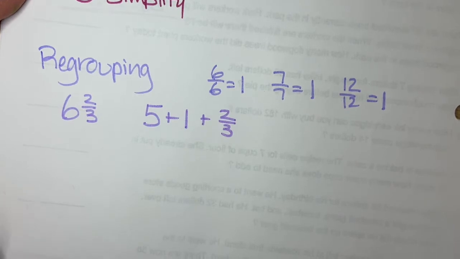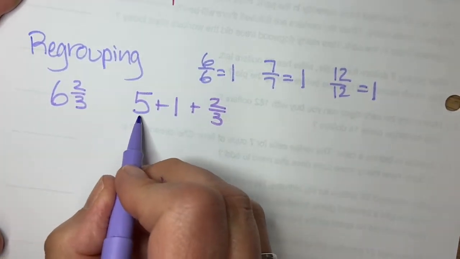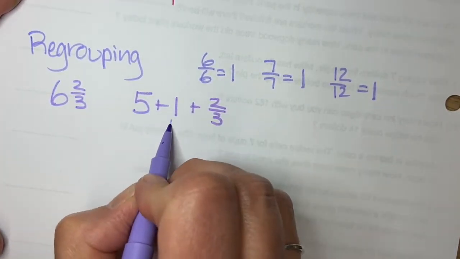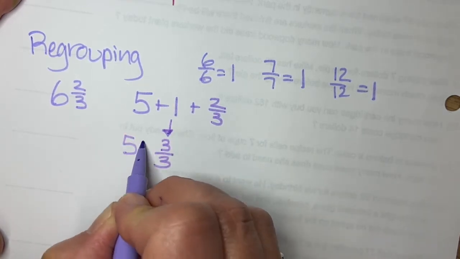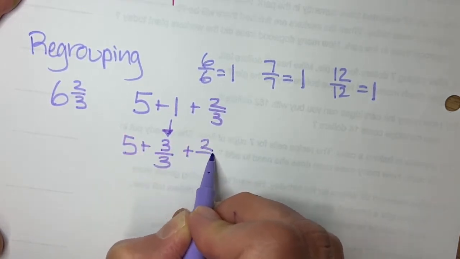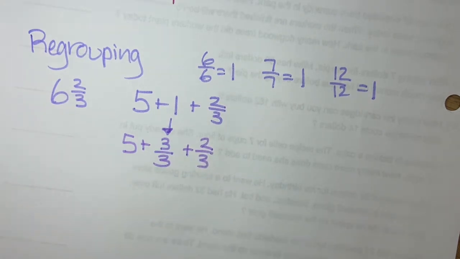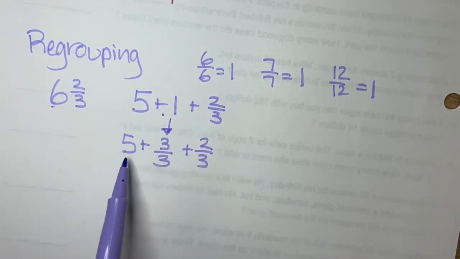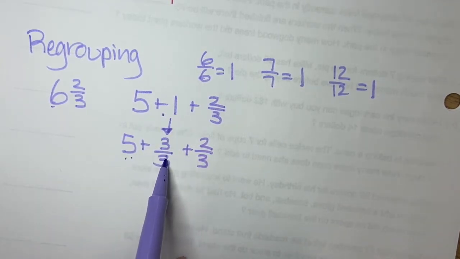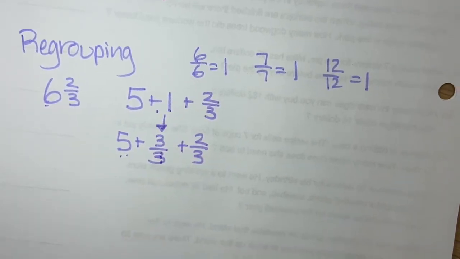I'm just totally breaking it down. I could also rewrite my 1 as 3 over 3. So it'd be 5 plus 3 over 3 plus 2/3. So those are all the same thing. This is equal to this. All I did is split up the 6 into 5 and 1, and that's equal to this because all I did here was change my 1 to a 3/3.